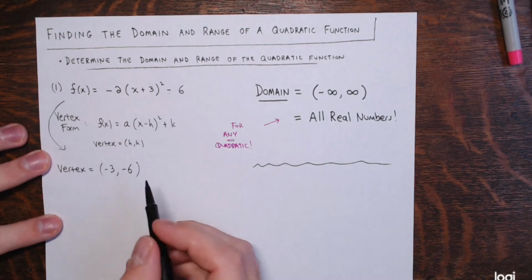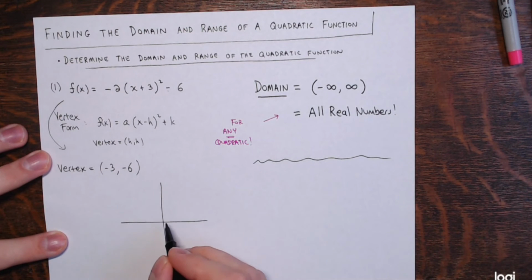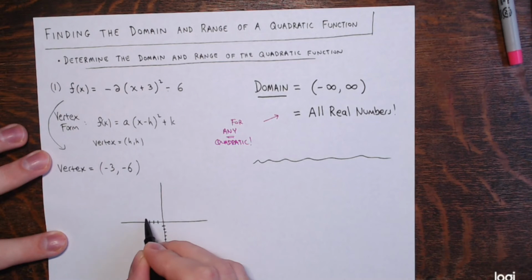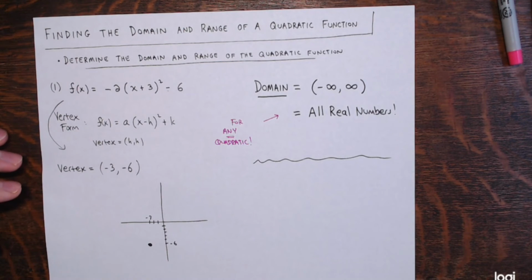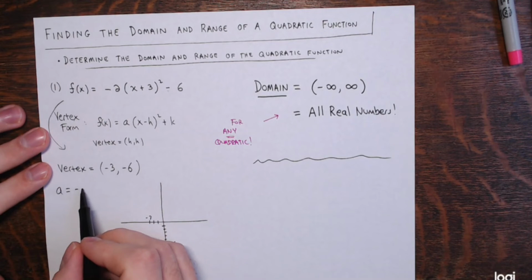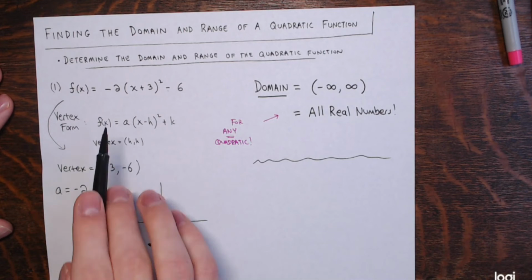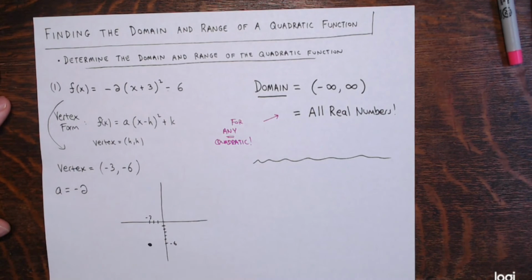I'll start making a rough sketch here. Negative 3 for the x, negative 6 for the y. There's the vertex. And then a is negative. The lead coefficient of this quadratic function is negative.